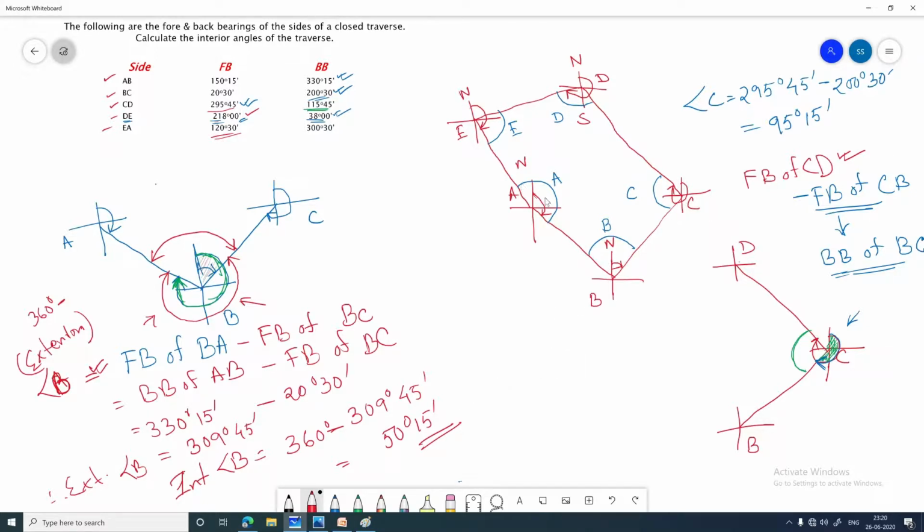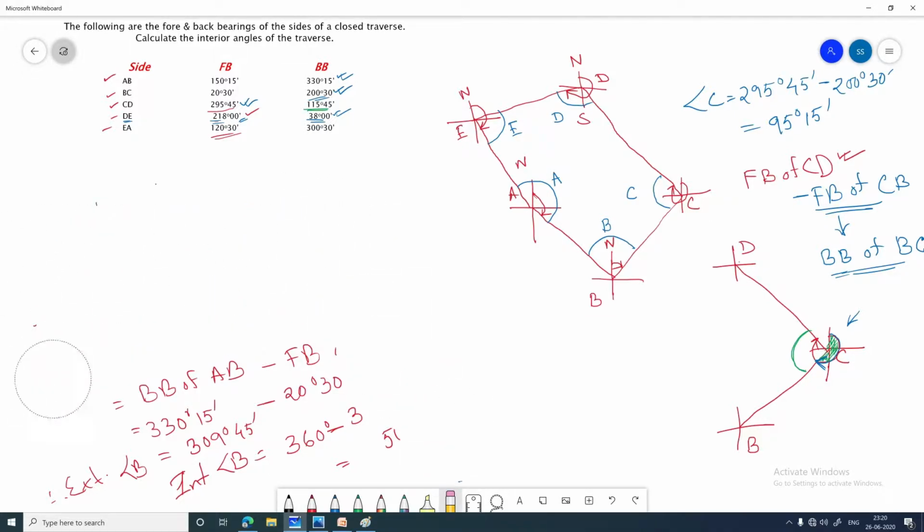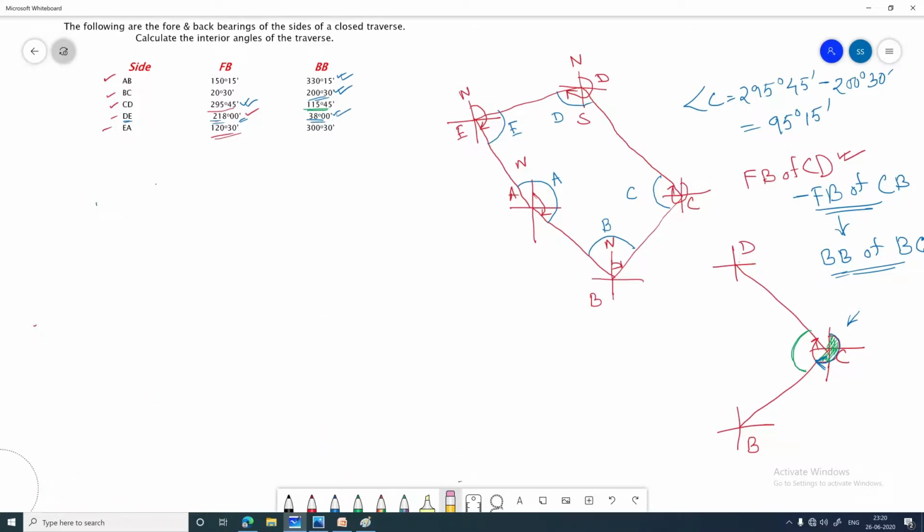Now the remaining portion is angle A and angle E. So let's solve this. Very interesting problem. Yeah, so angle A. It is something like this, no?